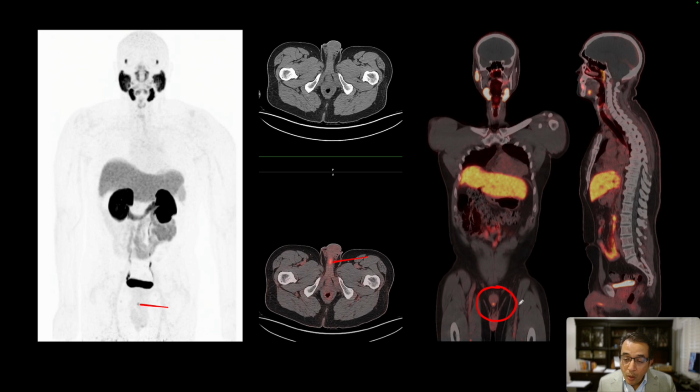And so this is not tumor because it is where the urethra is supposed to be in the penis, where on both sides we have the corpus cavernosum, and in the midline we have corpus spongiosum where the urethra runs. So this is focal stasis in the penile urethra and not recurrent or metastatic PSMA avid prostate cancer.